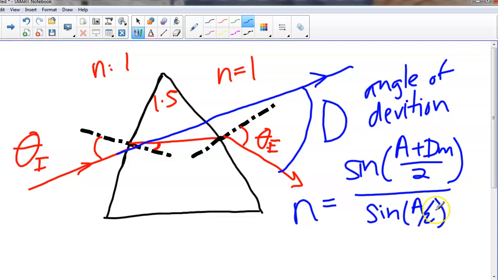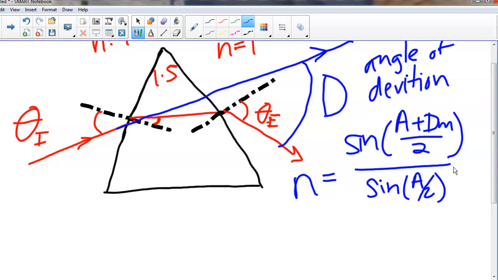Hopefully you're asking yourself, what is A and what is dm? A is the angle of the prism, the prism angle. If you have an equilateral, it's 60 degrees.